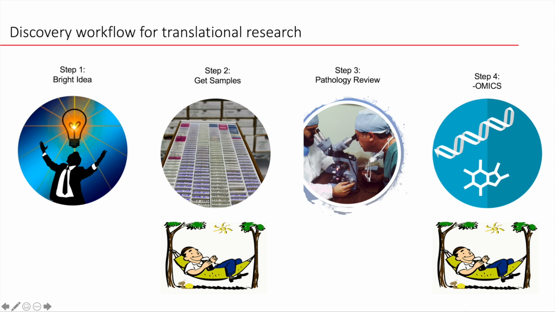It's a relatively new activity, and there's been massive improvements in the number of specimens and our ability to store high quality specimens, and especially at our institute, the staff there are exceptionally good at finding the specimens you want in a relatively easy manner. And of course, omics technologies are getting cheaper and faster, so those are really what I consider the easy steps of any translational research question.